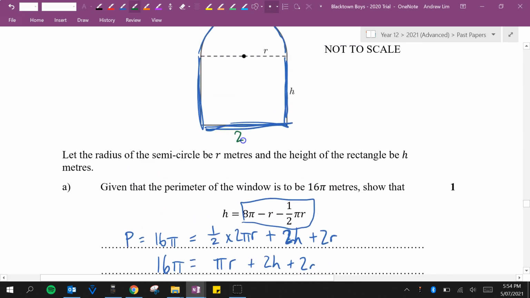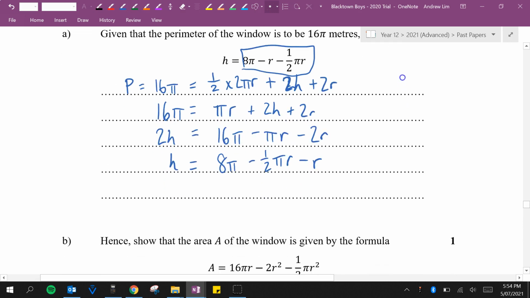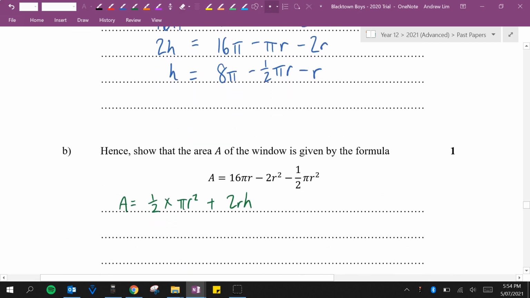Okay, because this is 2r, 2r times h gives us the area of the rectangle. Except we know that h is actually 8 pi minus r minus half pi r.